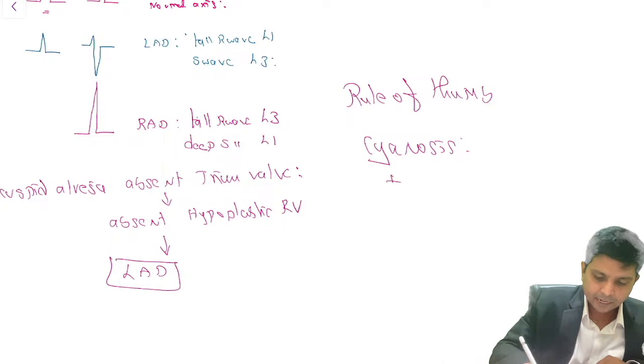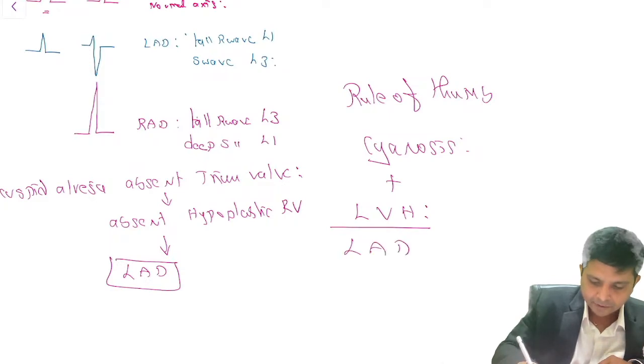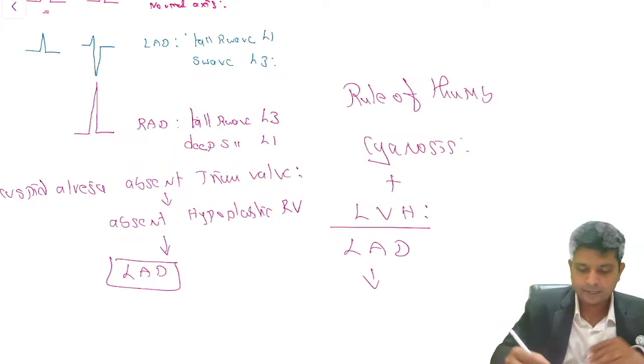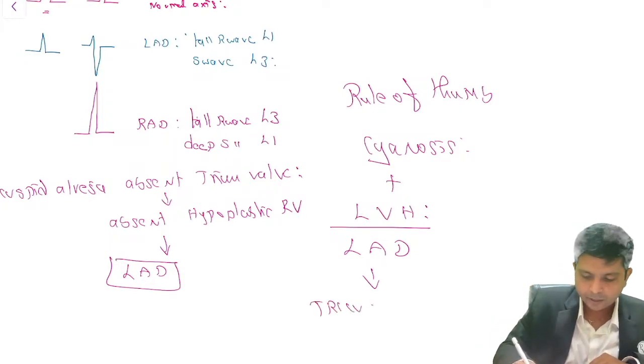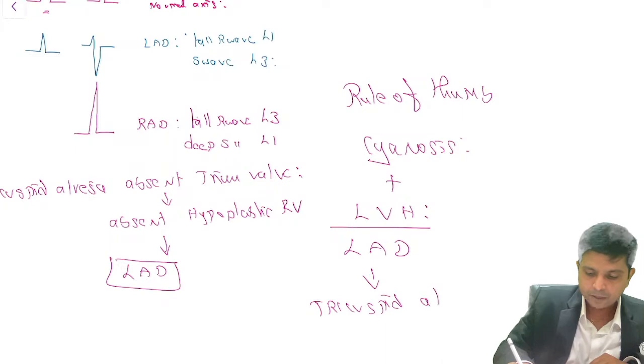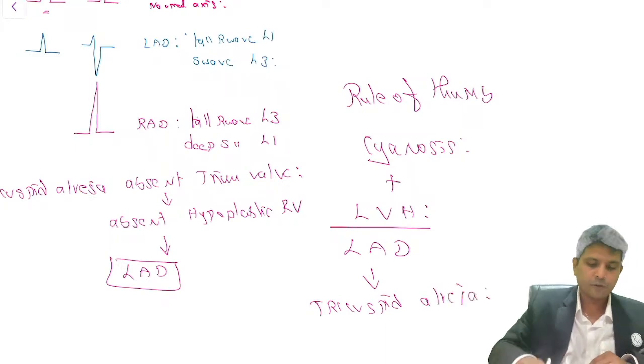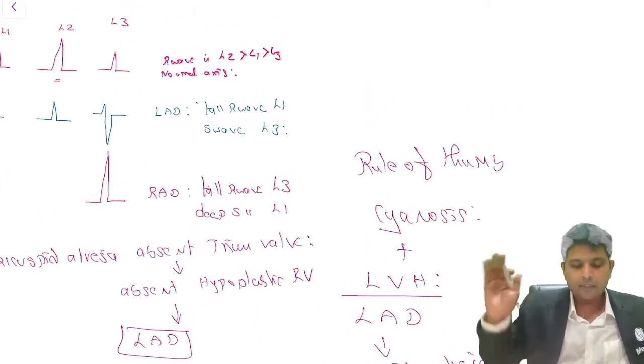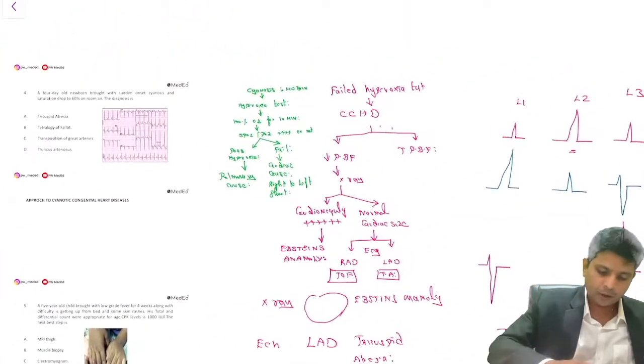So whenever you have cyanosis along with left ventricular hypertrophy or left axis deviation, the only diagnosis is tricuspid atresia. Okay? That's it. Now let's see.